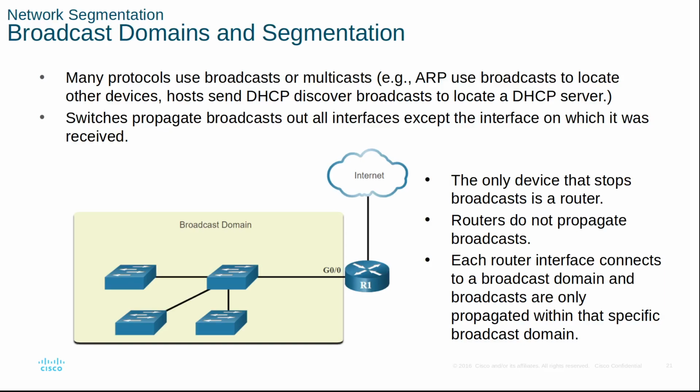And when it hits a switch, it's sent out every single interface except for the one that it's received on. The only place where broadcasts stop is at a router. Routers don't propagate these. Every single router interface connects to a broadcast domain, and broadcasts are only propagated within that. So you can look at your router and divide up your broadcast domain accordingly. Unless you've got VLANs, which is something you're going to learn later.